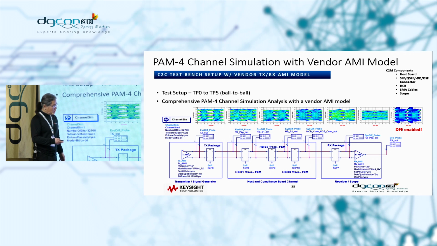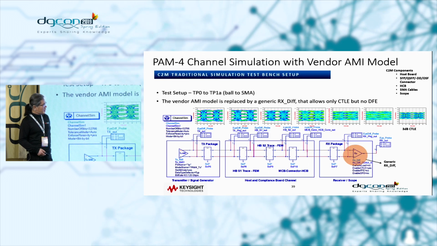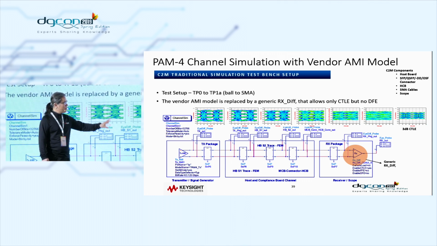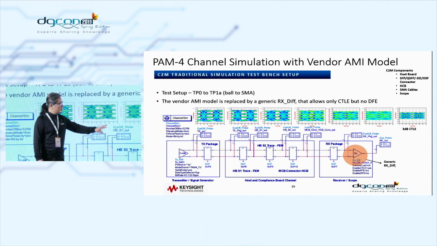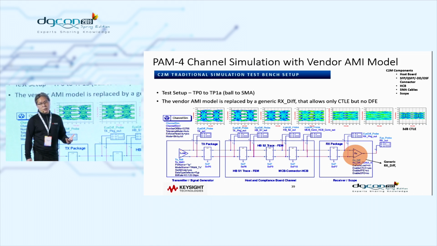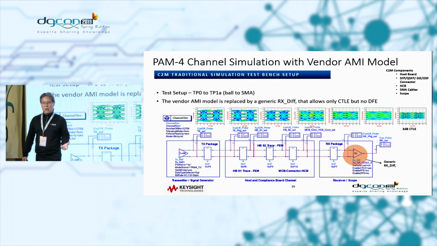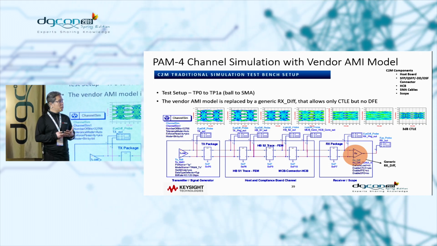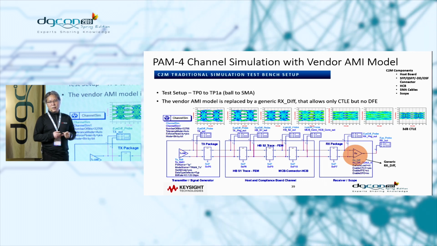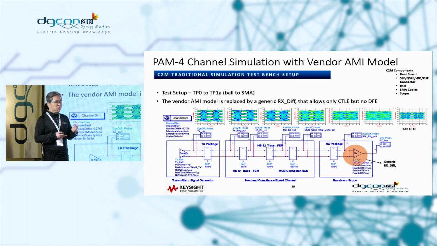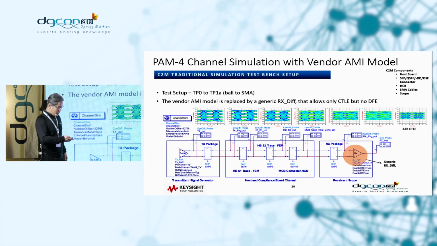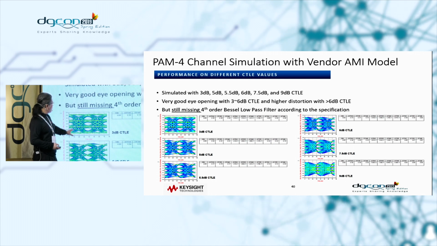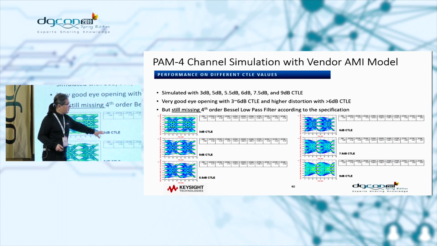Here, if you go into the next slide, same design, but instead of using the custom or vendor IBIS AMI model that represents the RX, you can use a more generic one. With the generic one, you will be able to do only CTLE because you can turn on and off the DFE.